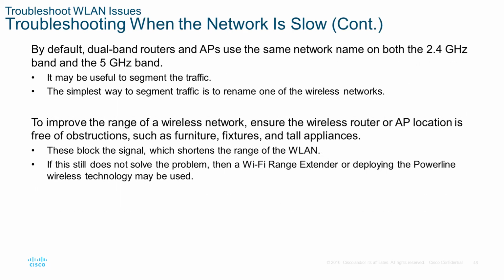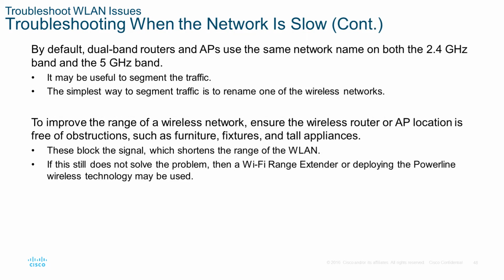Make sure your line of sight between your wireless device and your access points is free of obstructions such as furniture, walls, and tall appliances, as all of these things cause disruption to the radio waves, which shortens your effective range.